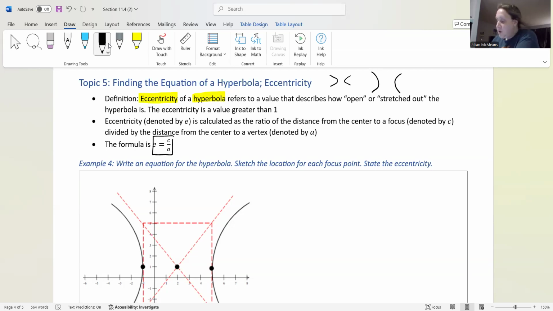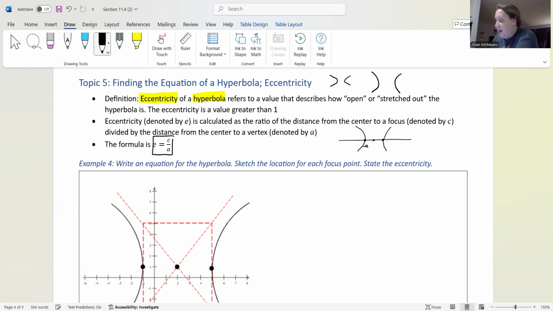Now, we also know that the length c is always the biggest one when we're talking about a, b, and c. c is the distance from the center to the foci. a is the distance from the center to the main vertices. And b is the distance from the center to the co-vertices. Because c is always going to be bigger than a, if you envision this, this is our center.